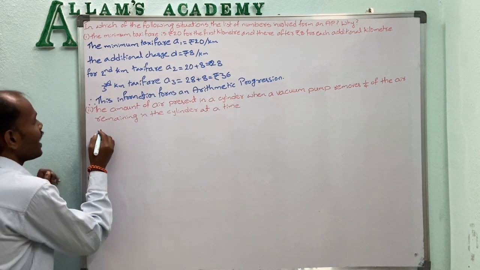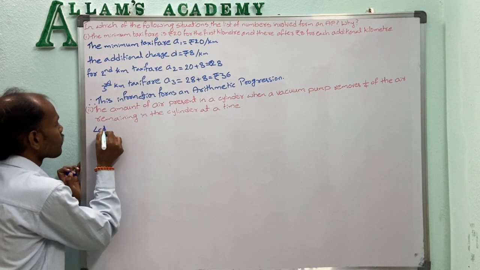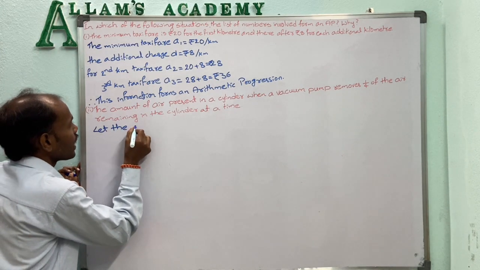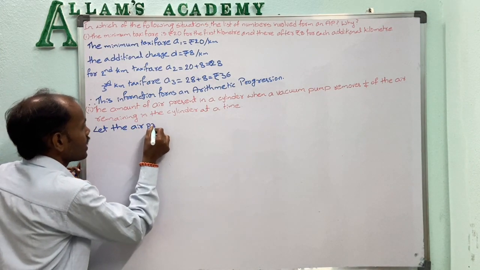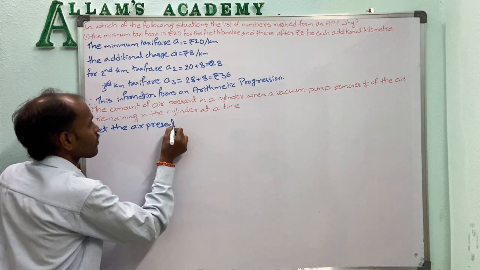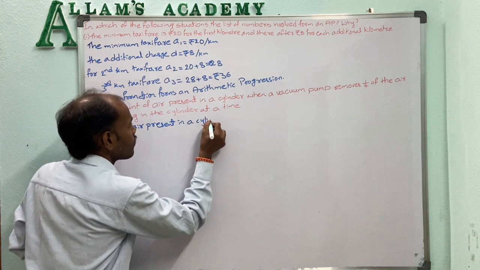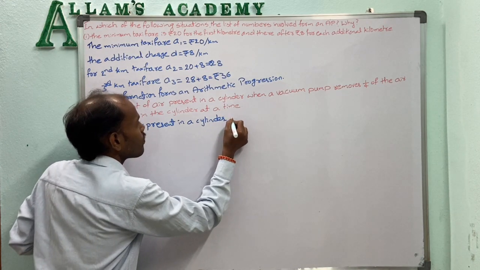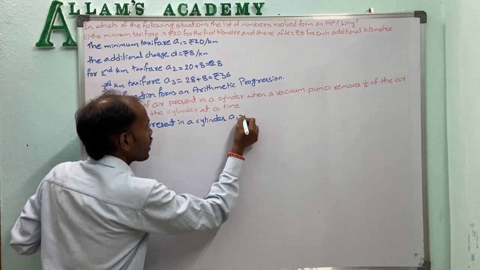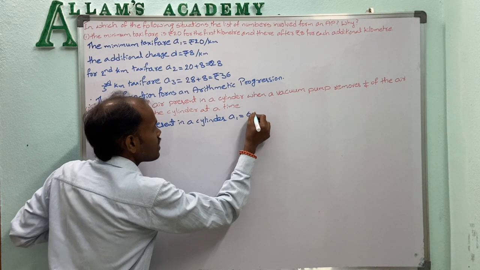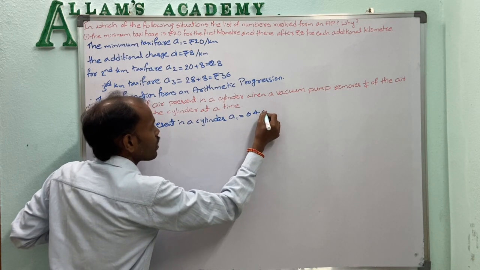So we take, let the air present in a cylinder, that is A1, be 64 grams.